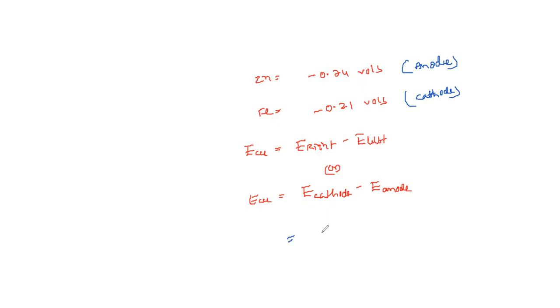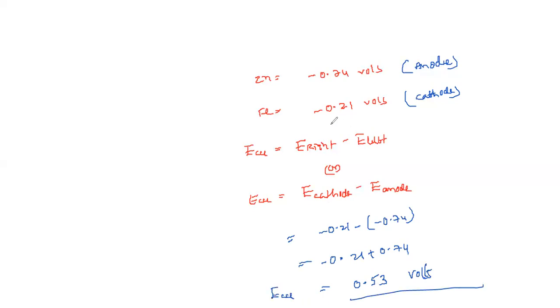So here E cell equals minus 0.21 minus of minus 0.74, which is minus 0.21 plus 0.74, so 0.53 volts. This is the E cell. Is it clear?